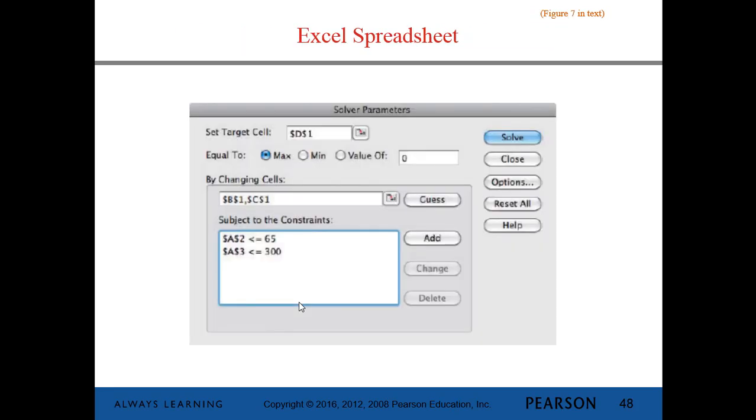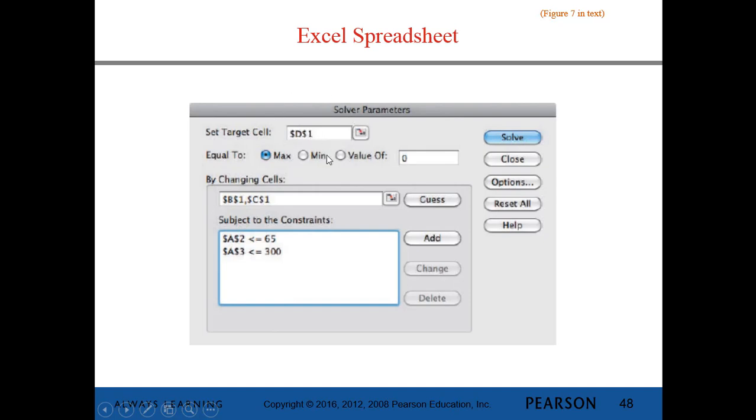So now, Excel spreadsheet. Just a couple of things on Excel spreadsheet. I know we're not dealing with Excel spreadsheets, but I think it's important to just see how this works. So this is called the solver parameters. And you can go on here and find a max, so you can add in your target cell.